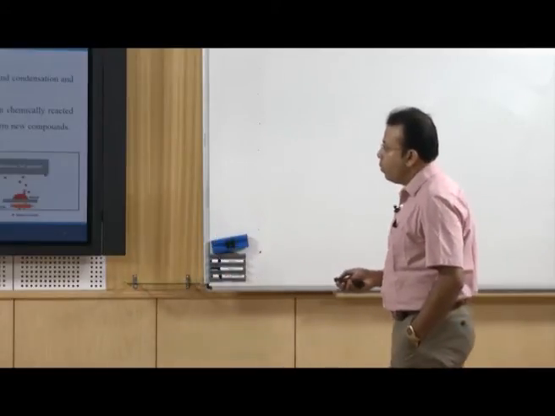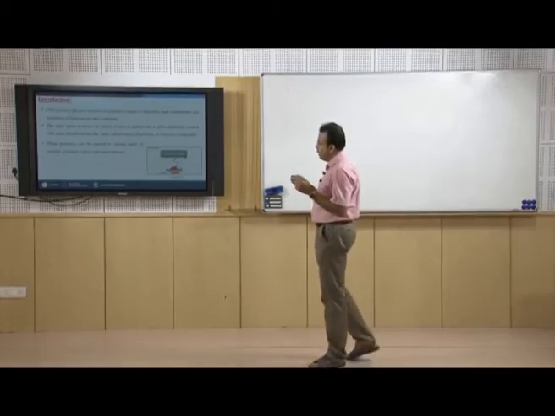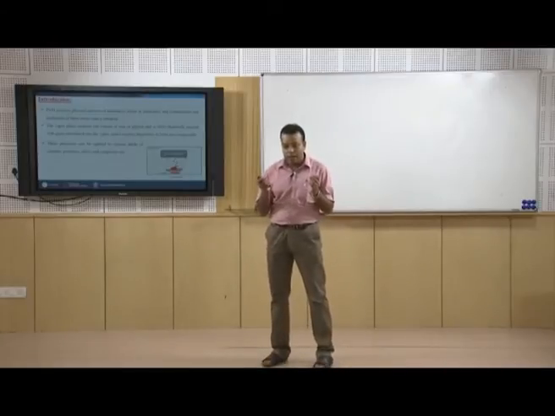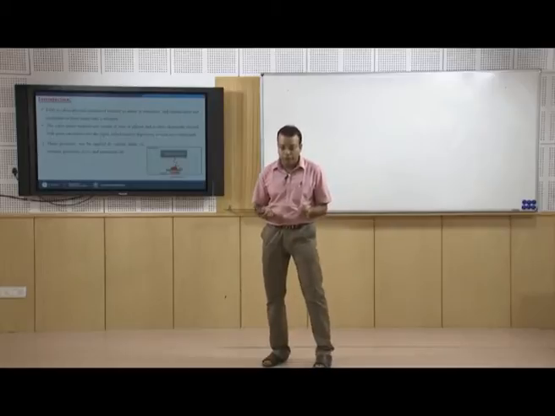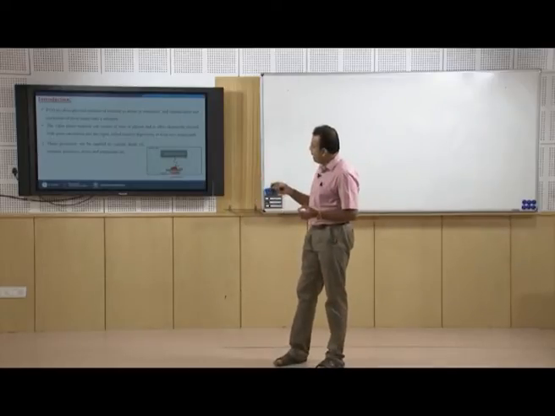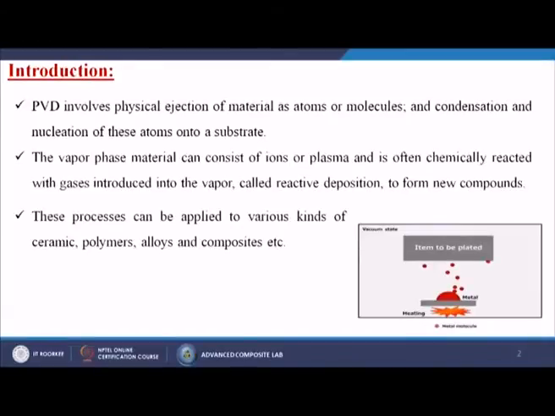So, before we start, let us know what the PVD, or physical vapor deposition method, actually tells us. It is a kind of method by which there is physical ejection of materials as atoms or molecules, and condensation and nucleation of these atoms onto a substrate.